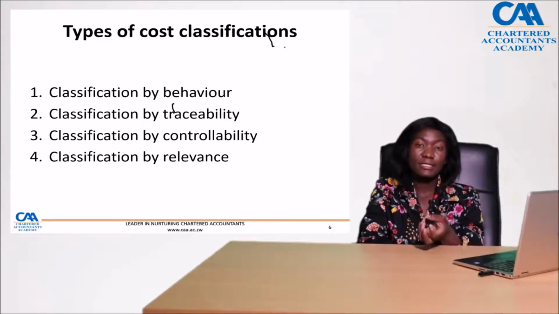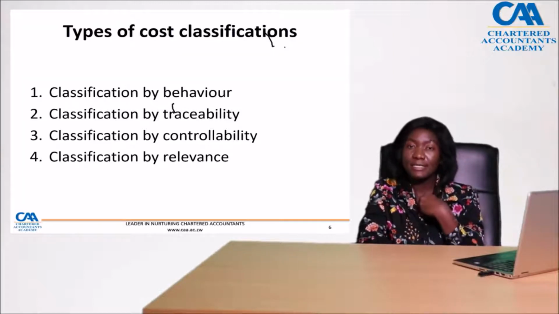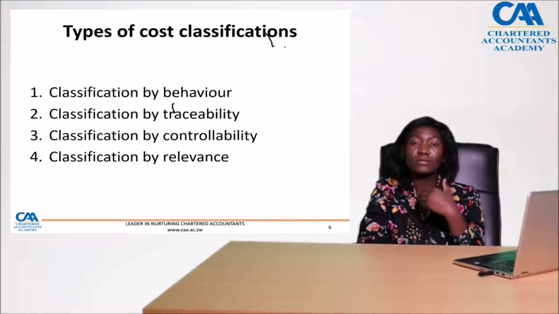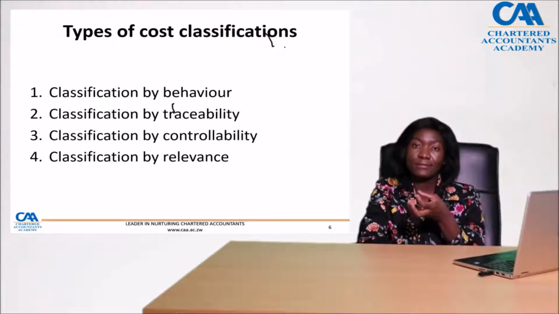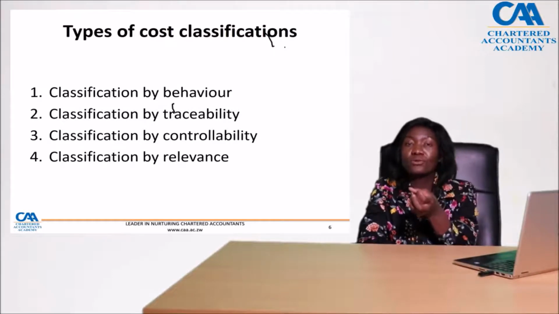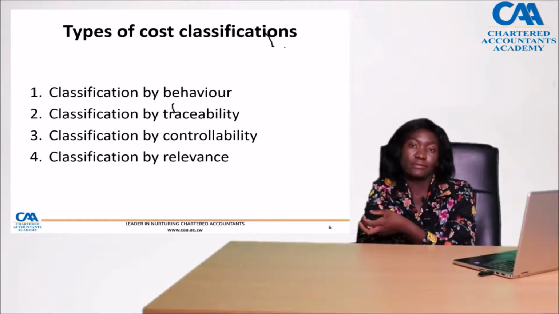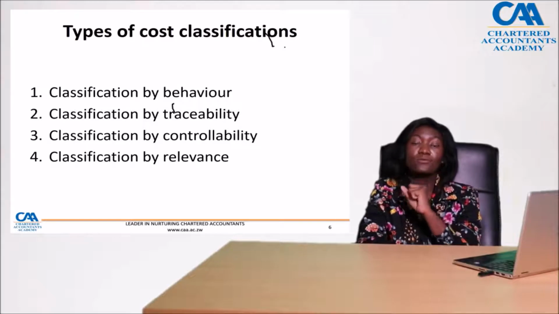If it is discretionary, it means it is at my discretion. I'm the one who decides whether to have the cost or not. Unlike a committed cost, where whether I want it or not, I'm supposed to have that cost. So if I control it, it's a discretionary cost.